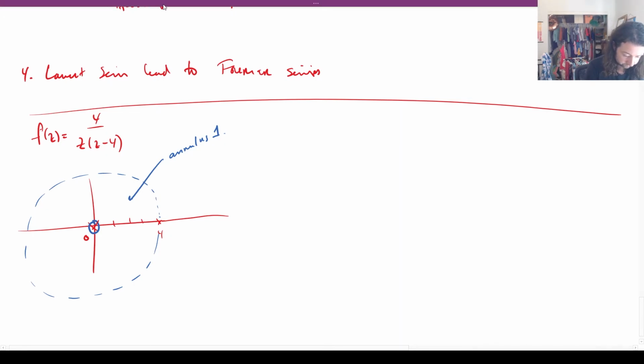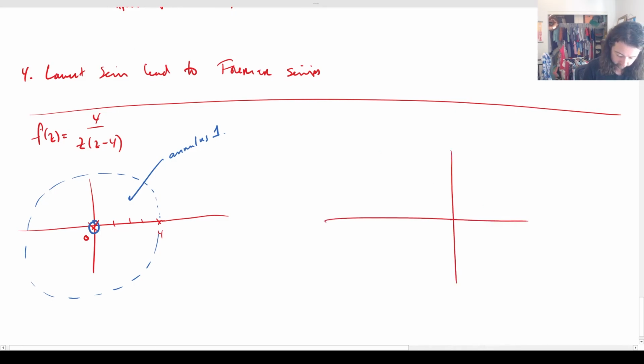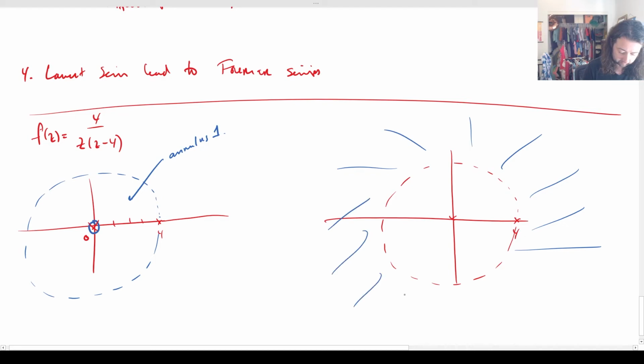There's another one on the outside of that. So if you actually look at an annulus where we cut the entire disk at 4 out and then look on the outside, the function is also analytic out here. So this is going to be annulus 2.